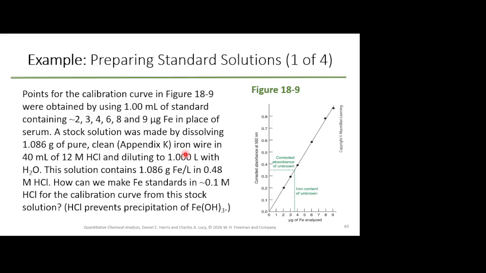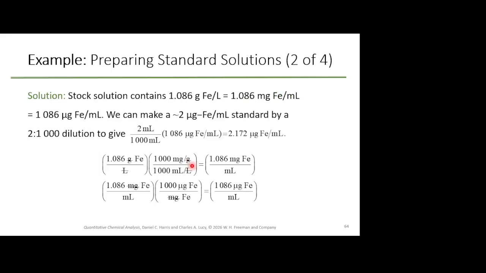And so this is going to be 1.086 micrograms per milliliter, because gram per liter is the same thing as microgram per milliliter, excuse me. Once we know that, it's pretty easy dilution factors. So we just need to do a 2 to 1. This is going to give us a 2.172 microgram per milliliter, and that would be your 2 that you need for this.